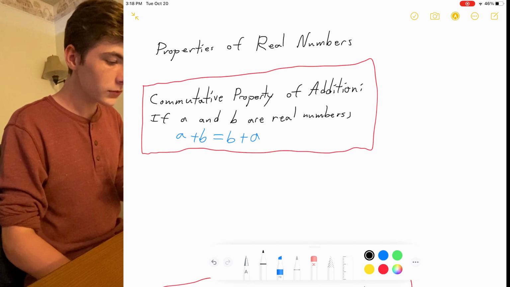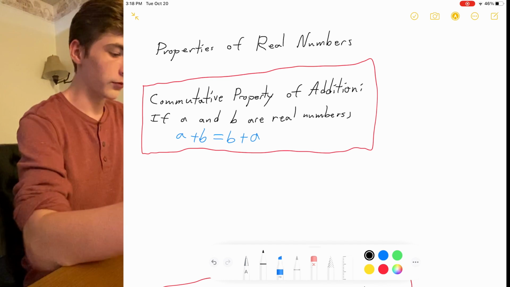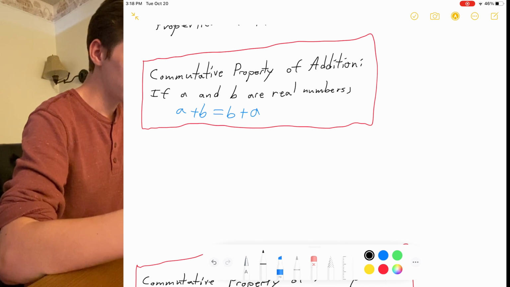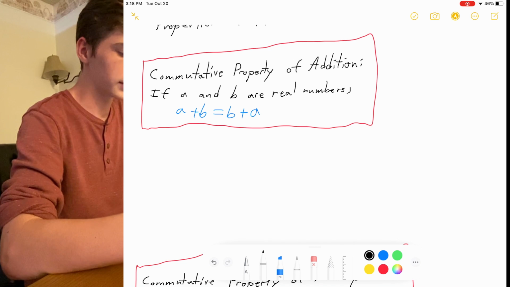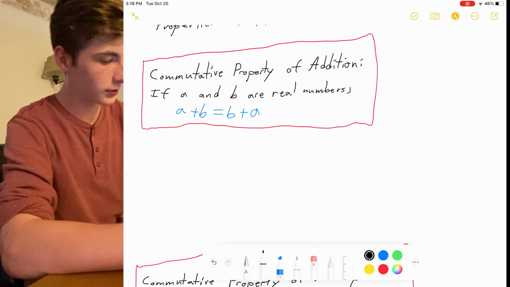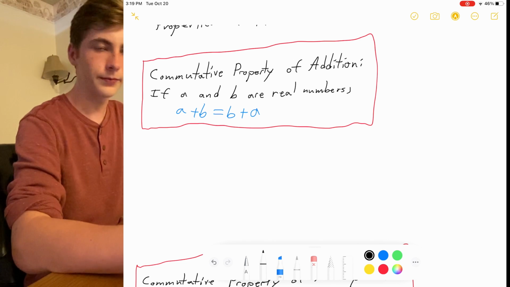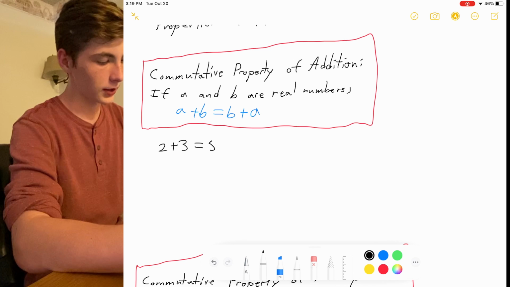I've written these all out beforehand so that we can move a little quicker. The commutative property of addition states that if a and b are real numbers, a plus b is equal to b plus a. We can see this in super obvious examples. Like 2 plus 3, right? That's 5.